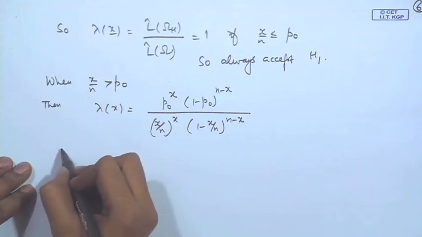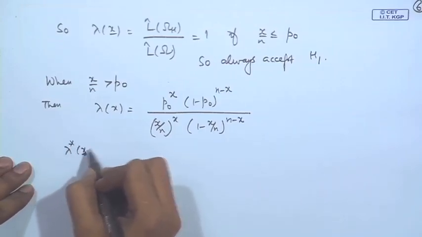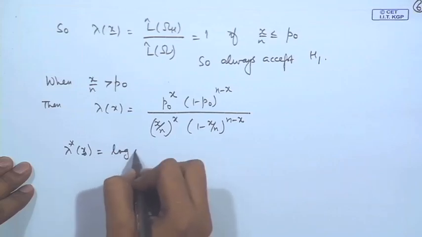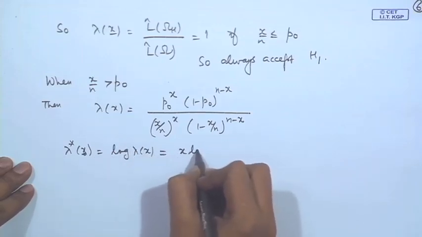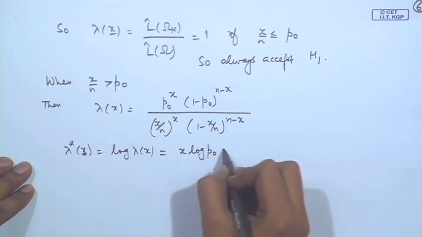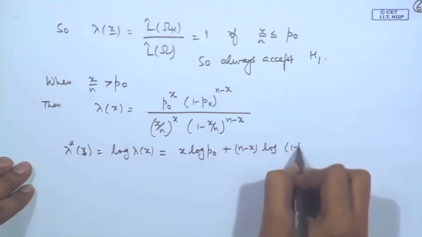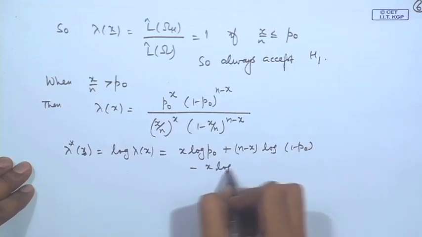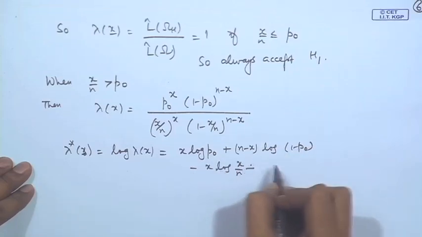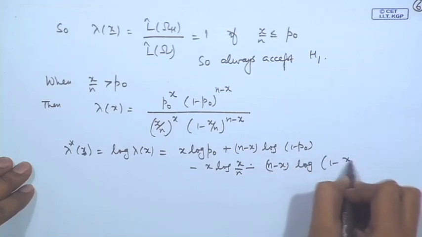So, if I look at say lambda star, that is equal to log of lambda x, that is equal to x log of p naught plus n minus x log of 1 minus p naught minus x log x by n minus n minus x log of 1 minus x by n.